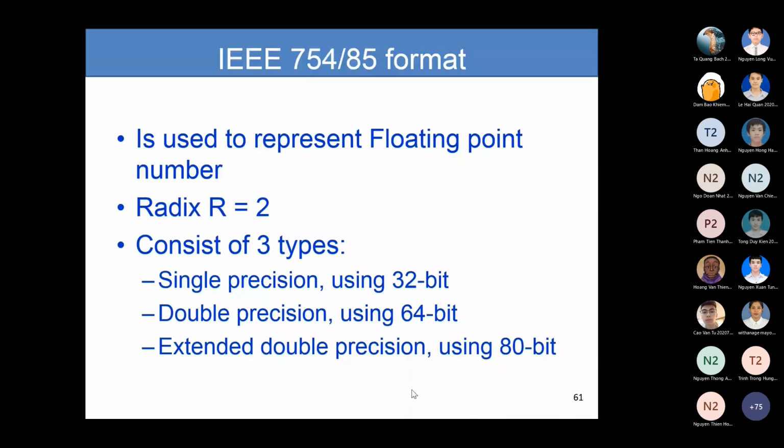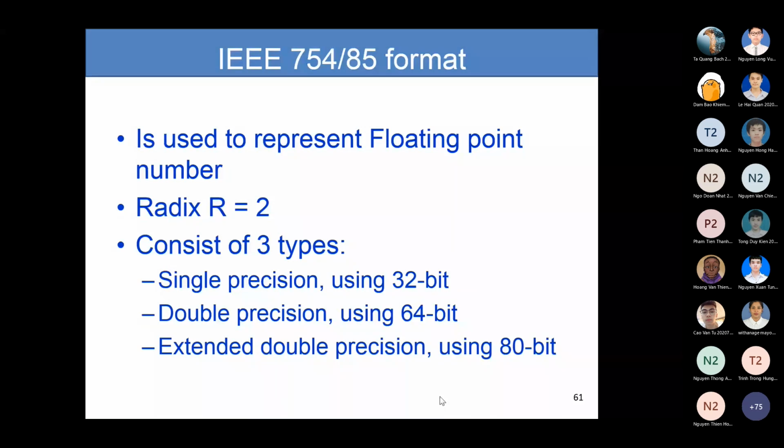So it is double precision, in Vietnamese độ chính xác kép. The last one uses 80 bits to represent a real number. It is extended double precision, and in Vietnamese, we say độ chính xác kép mở rộng.